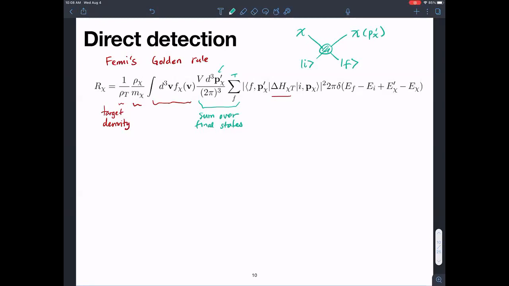And in the vast majority of cases, we're going to be able to just factorize this into two pieces.